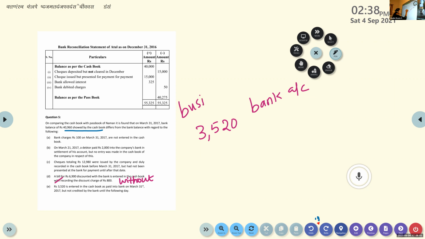Business wanted to deposit 3,520 in the bank account. But it was not credited by the bank.